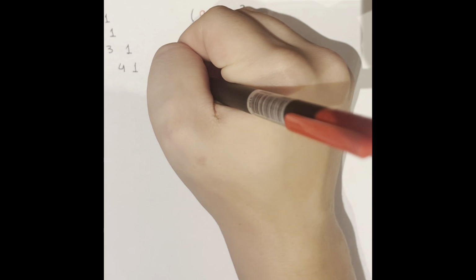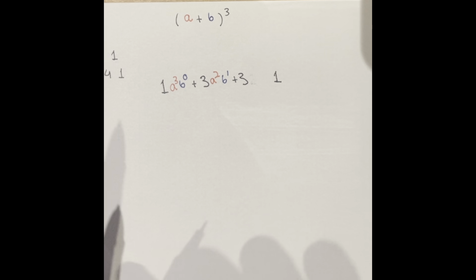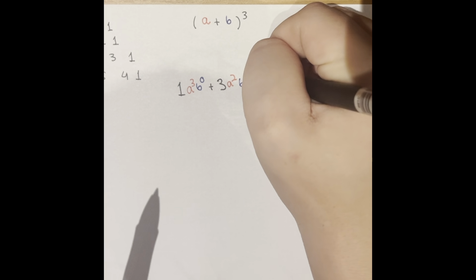And notice that the powers always add up to what we're raising to. So because this is 3, this has to be 0 because the sum of them needs to be 3. And then plus, a will decrease by 1, so a squared, then b will be to the 1, plus a will decrease by 1, so a to the 1, b squared.